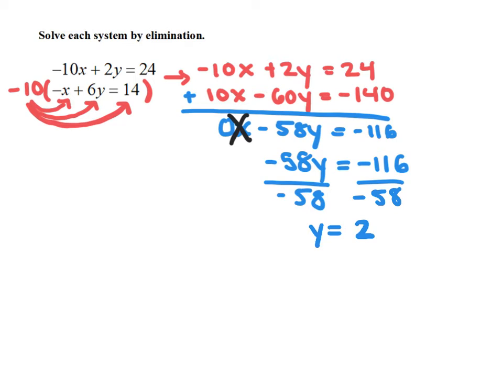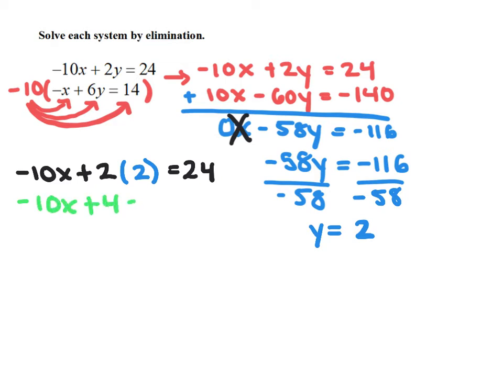Now I can plug that back into one of the original equations. So if I plug into the first equation, I have negative 10x plus 2 times 2 equals 24. If I solve that equation, I'll have negative 10x plus 4 equals 24.